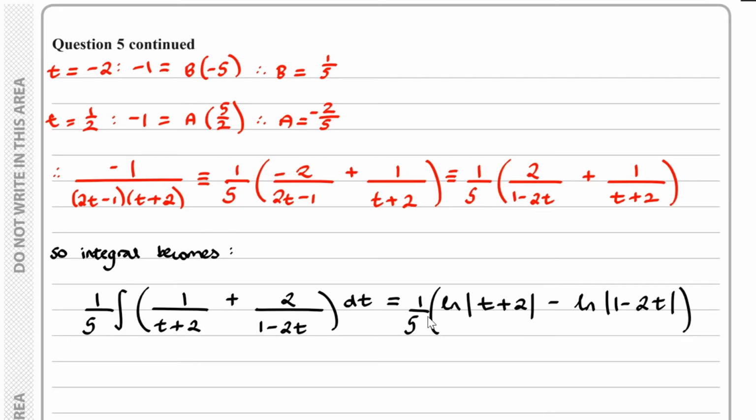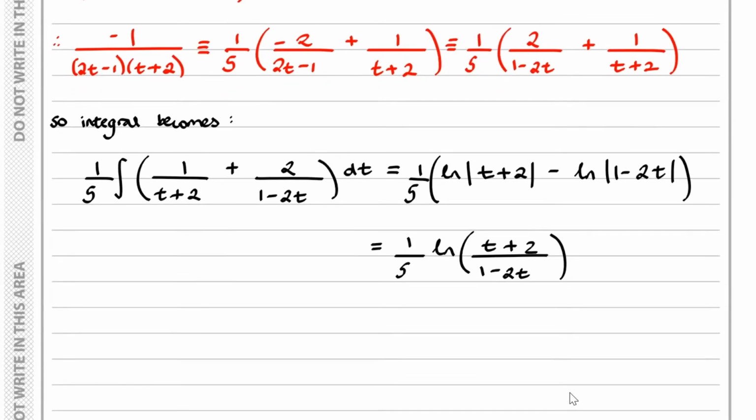And then we can combine these logs. So we have 1/5 times the natural log of t plus 2 over 1 minus 2t. Okay? And don't forget we have a constant k.